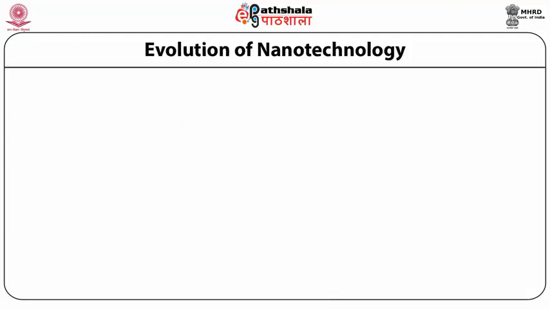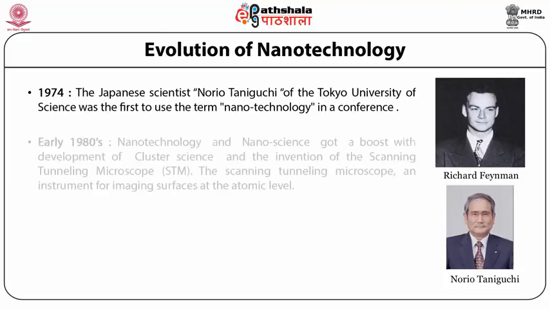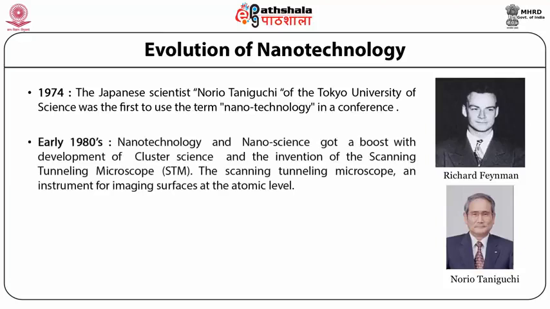So how has nanotechnology evolved? In 1974, the Japanese scientist Norio Taniguchi of the Tokyo University of Science was the first to use the term nanotechnology in a conference. Nanotechnology and nanoscience got a boost in the early 1980s with the development of cluster science and the invention of the scanning tunneling microscope, STM.